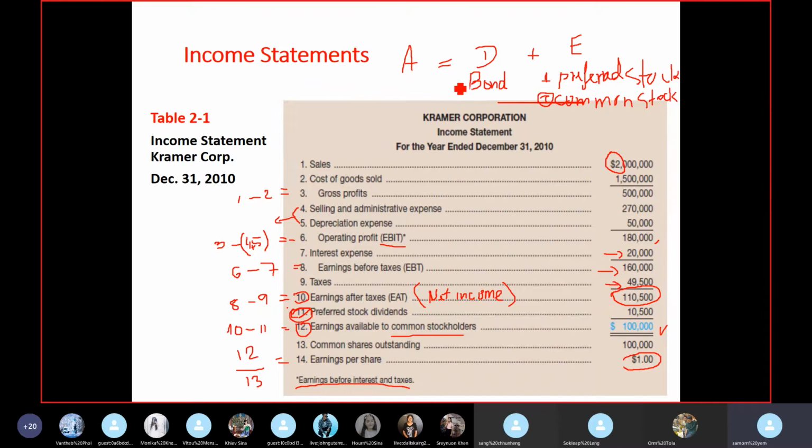A bond has a maturity date, but preferred stock or common stock has no maturity date. The people who hold a bond will get, one, interest.